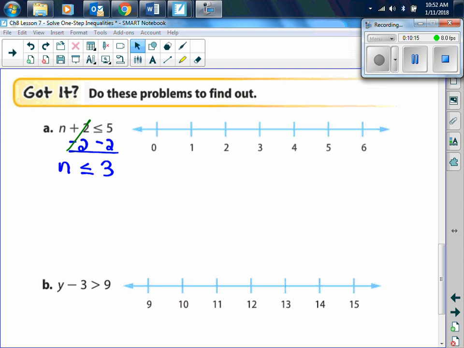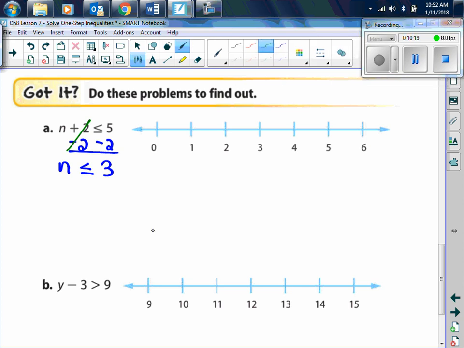So here, what's our important number? 3. Let's just write this down. This is the important number, right? So our important number is 3. How do I decide what kind of circle I'm going to have?